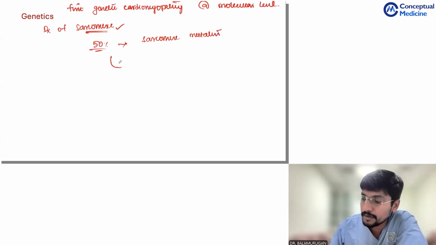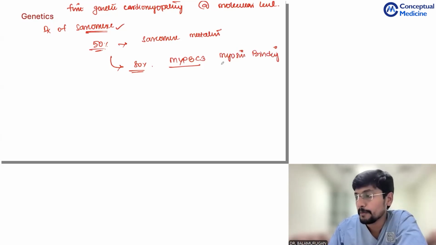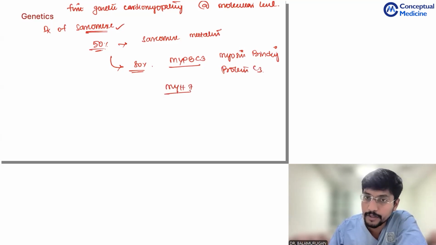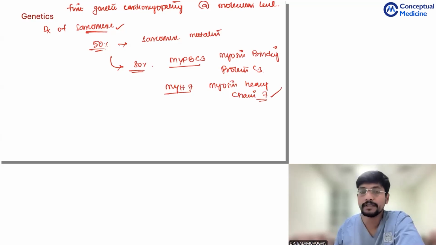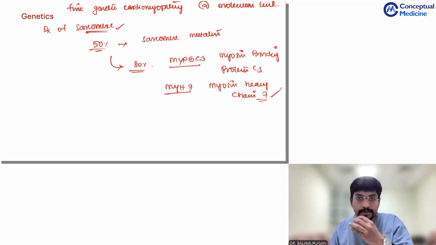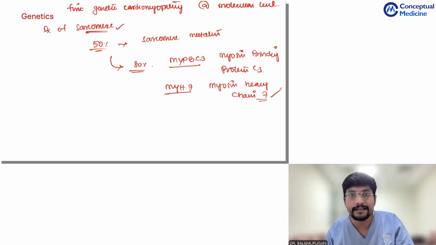Among these, 80% have mutations in either MYBPC3, which is myosin binding protein C3, or MYH7, which is myosin heavy chain 7. Clear, guys? This is the first genetic cardiomyopathy described in such detail at the molecular level. It is actually a disease of the sarcomere.